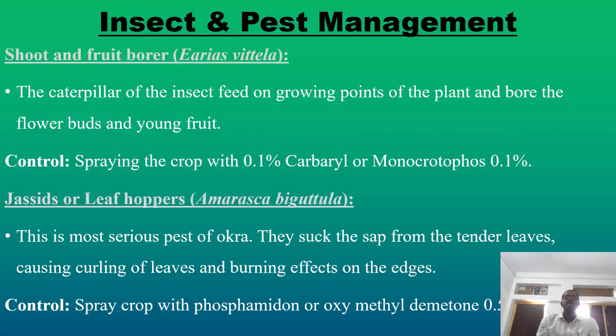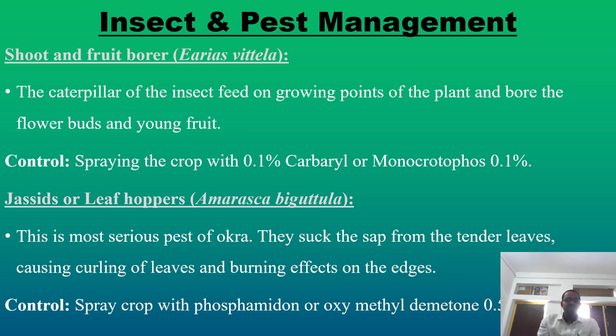And other problems are insect and pest management. In okra, there are basically 2 to 3 serious pests. One is fruit and shoot borer, where the caterpillar of the insect feeds on the growing point of the plant and bores young buds and young fruit. To control fruit and shoot borer, we have to spray carbaryl or monocrotophos 0.1% at a regular interval of 10 to 15 days.